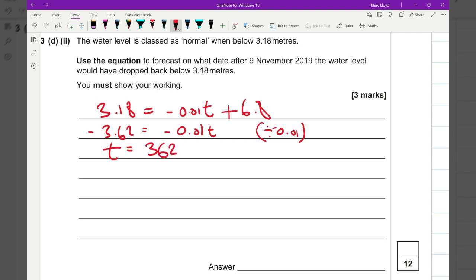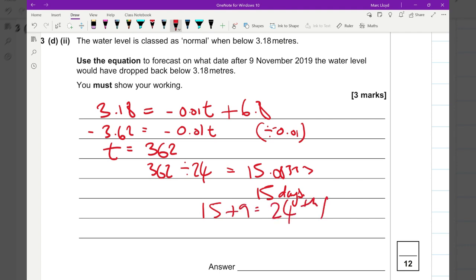Now that's in hours. So we need to divide 362 by 24, which gives me 15.08333. So it's 15 days. 15 days plus 9 is 24, which gives us the 24th of November.